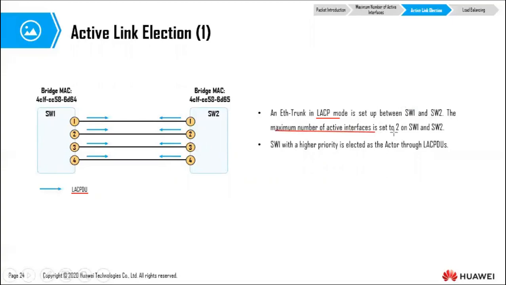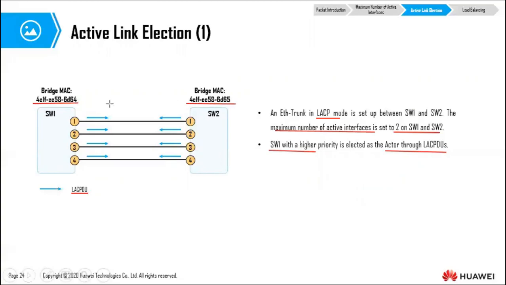In this case, it has been set to 2 on both switches. In this particular example, the priority is the default, 32,768. But now they'll go ahead and compare the bridge MAC address.